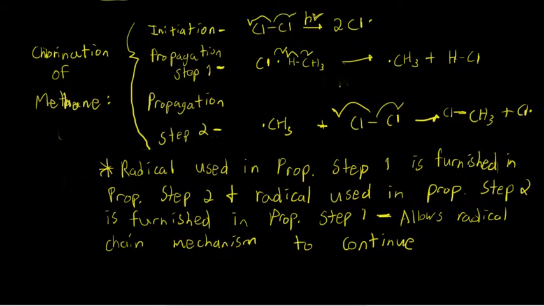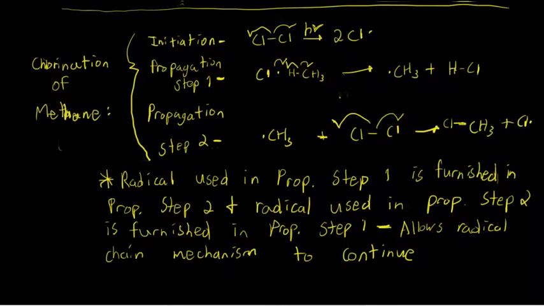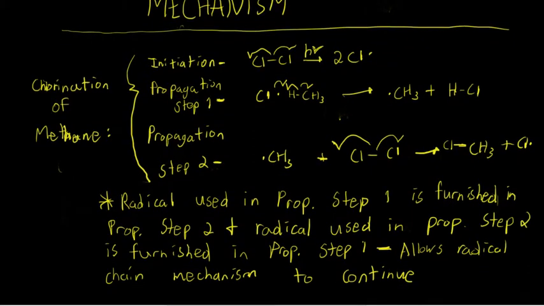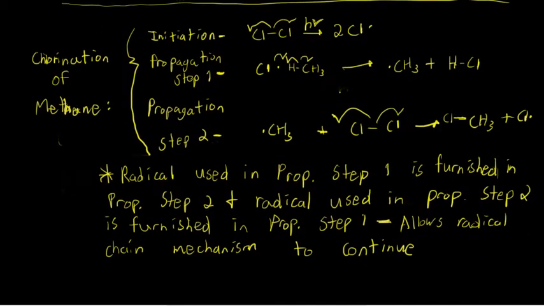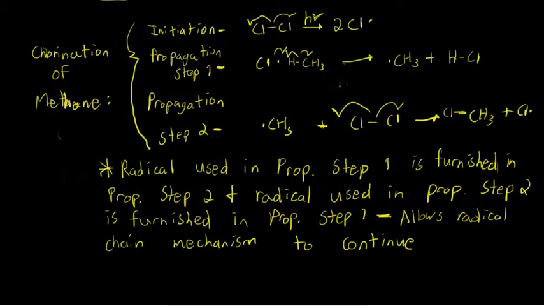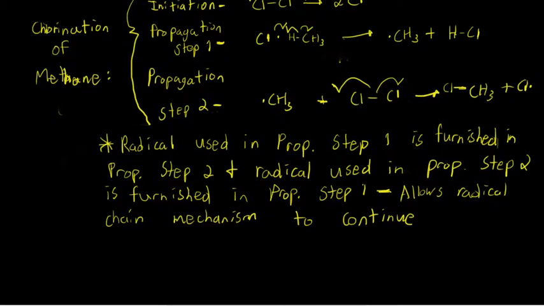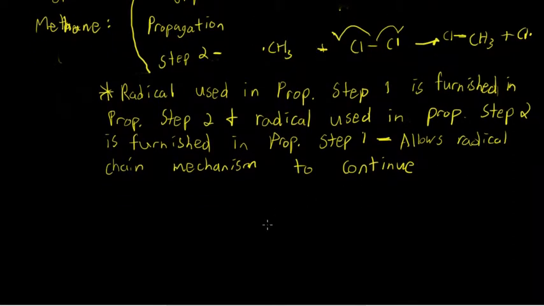So in this video, what we're going to actually be doing is looking at a mechanism that you probably have not seen before. Perhaps you have, but we're going to be radically chlorinating ethane, but instead of using Cl2, we're going to be using sulfonyl chloride, which is this compound here.